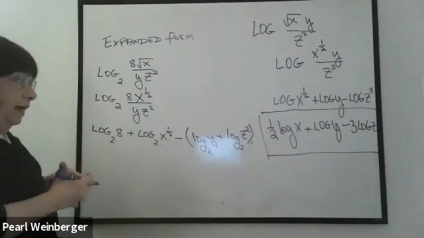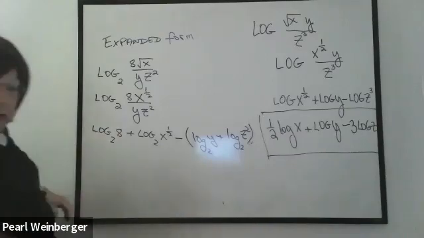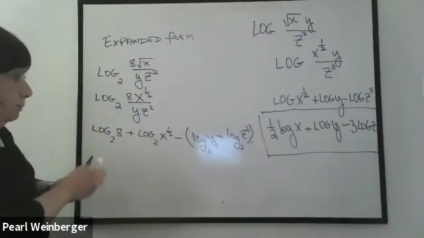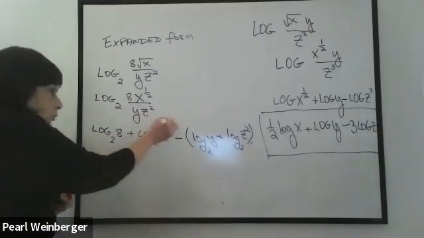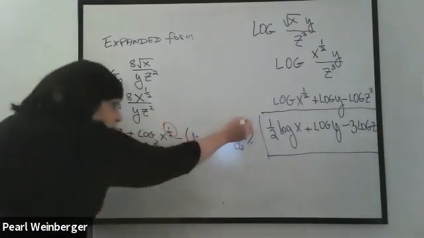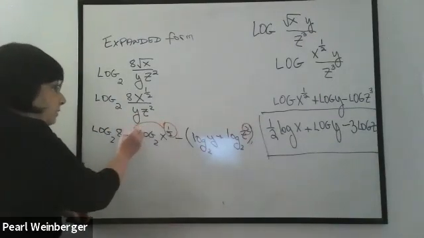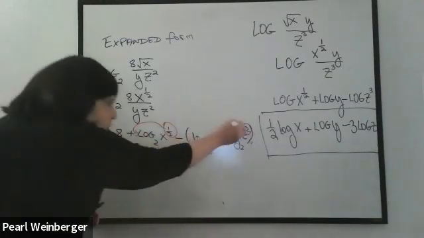Now I go back and take anything that's an exponent, and there's one here, and there's one here, and put it in front of the word log. The exponent becomes the coefficient of the word log.